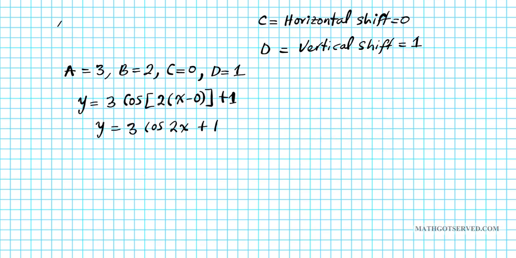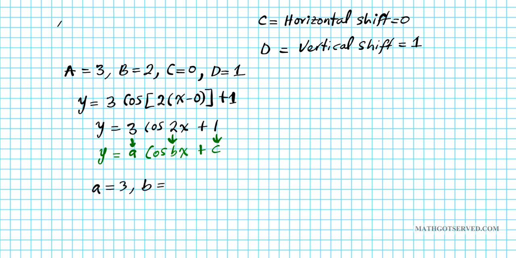What is a, b, and c? In the original problem, we were given the equation y equals a cosine bx plus c. So if you match it up, you can see that a is 3, b is 2, and c is 1. Okay, so let's go ahead and write our answers. A equals 3.